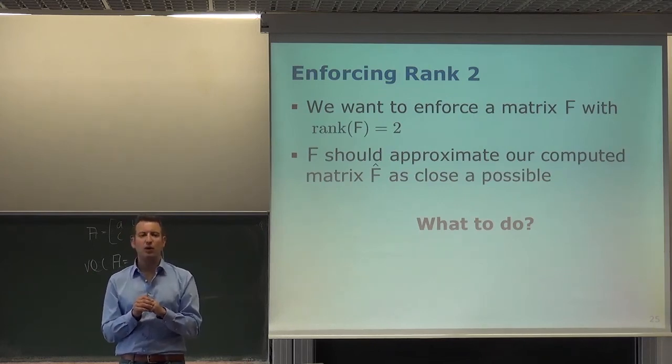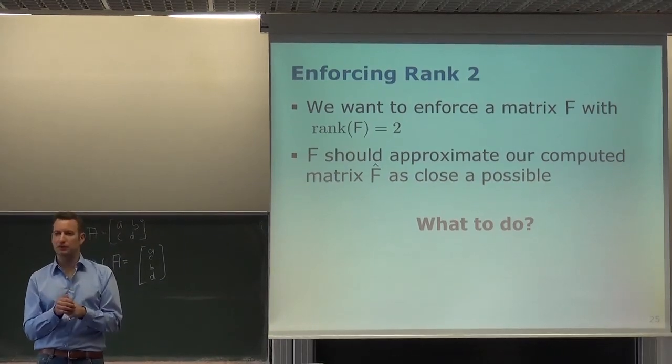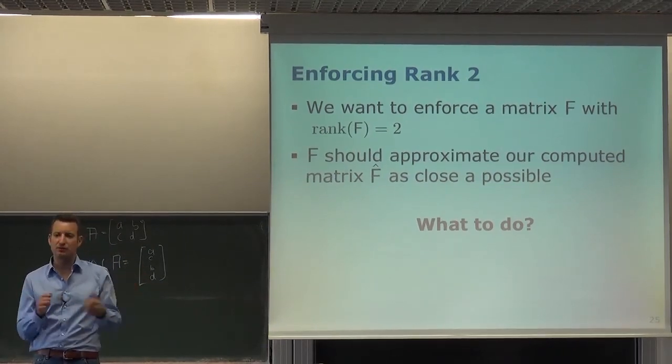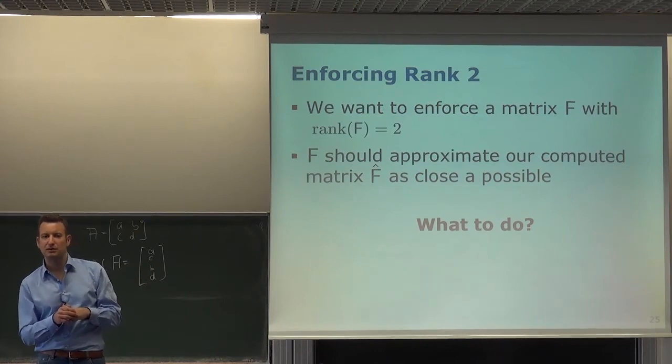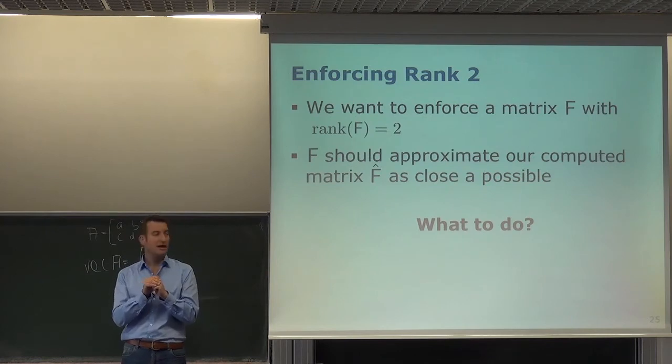So it's very likely that one of the singular values is very close to 0, but it's not 0, and the two others are likely to be larger. So what I can do is I can replace the matrix F hat by a new matrix F by setting this one singular value which is close to 0 to 0.